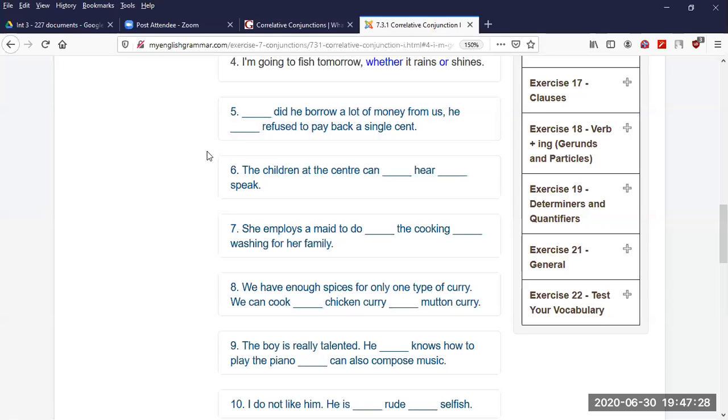So we're saying we can't believe that after borrowing the money, he refused to pay it back. So we're going to use not only: not only did he borrow a lot of money from us, what goes with not only?